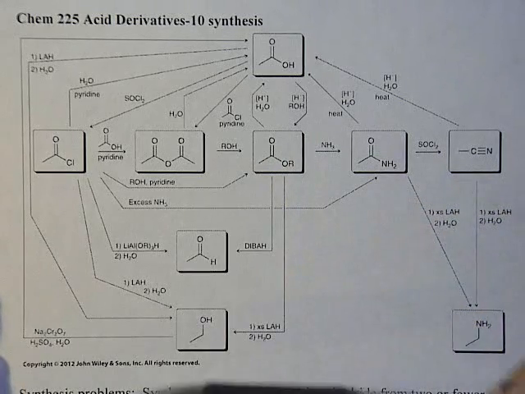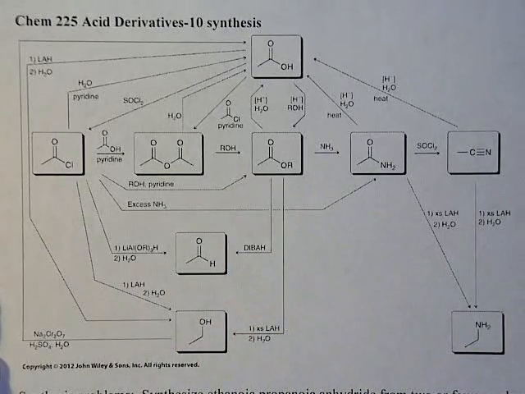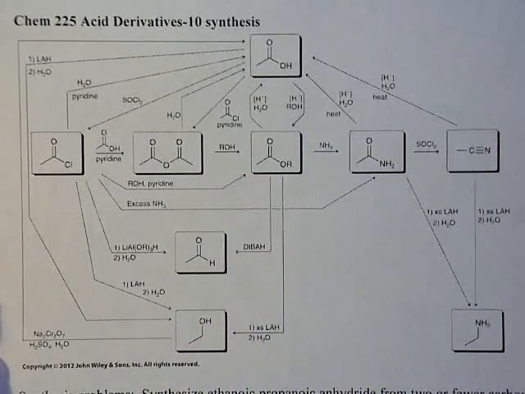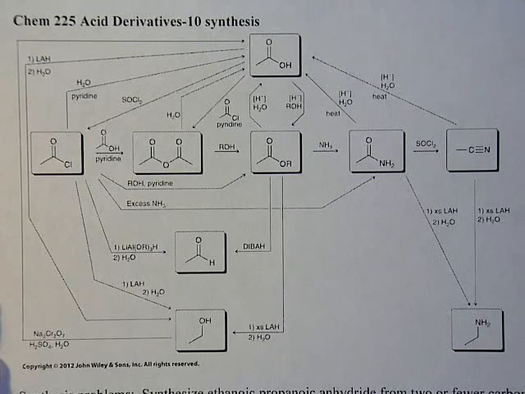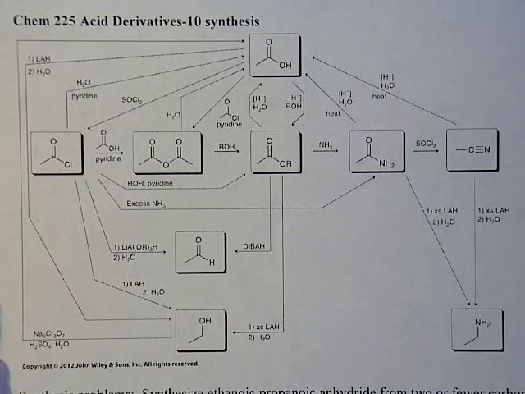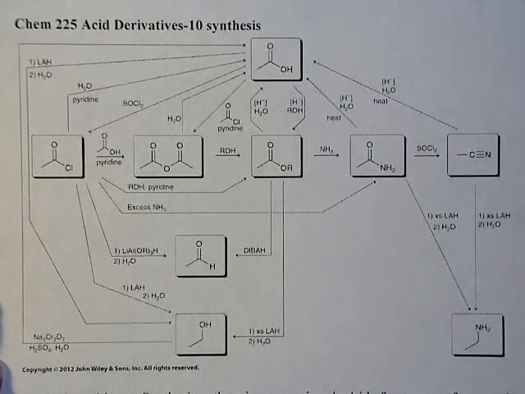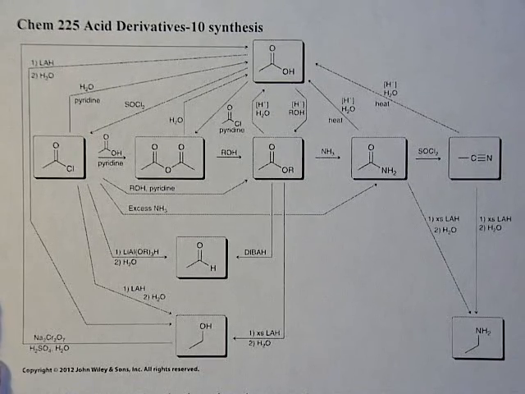You basically have to know all these transformations in order for you to be able to do synthesis. So your first job before you do synthesis is commit all these reactions to memory, and I hope that you were doing this as you were taking notes and studying and doing the problems over and over again and making note cards.